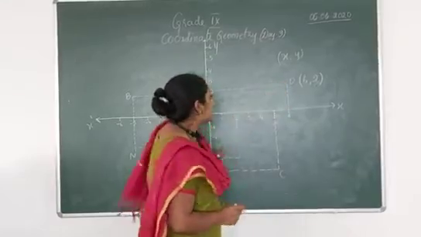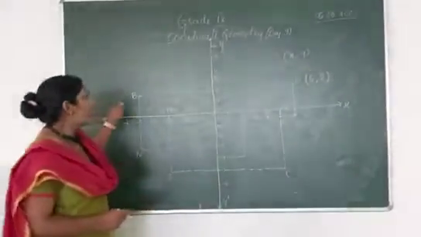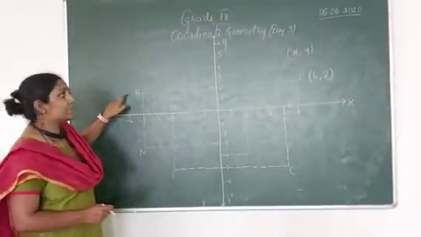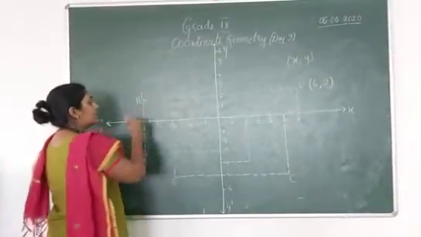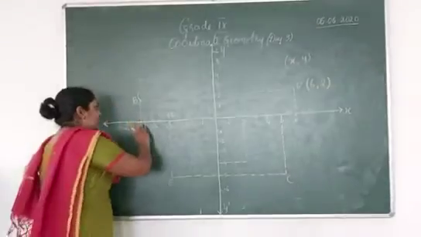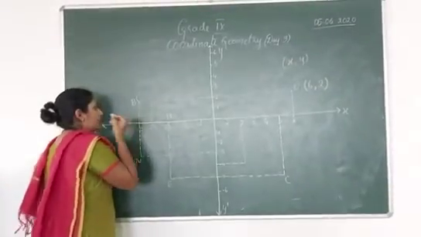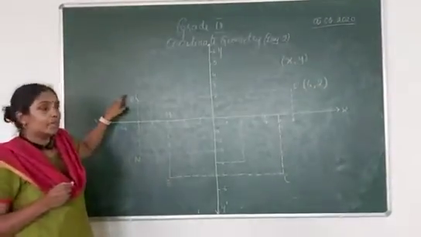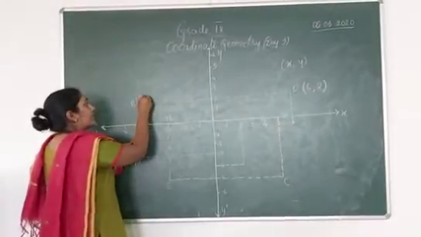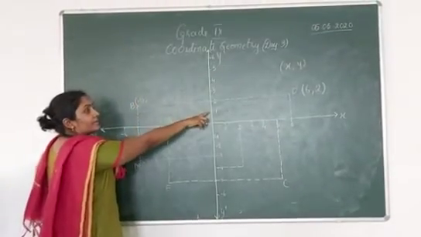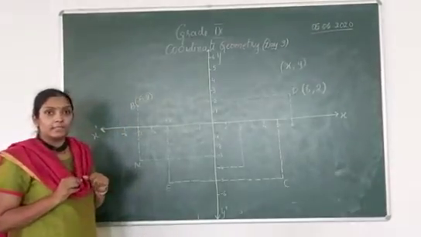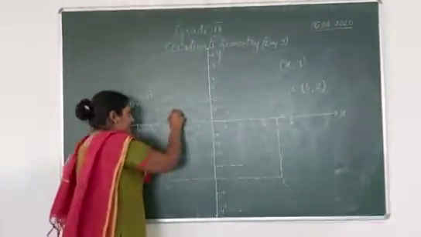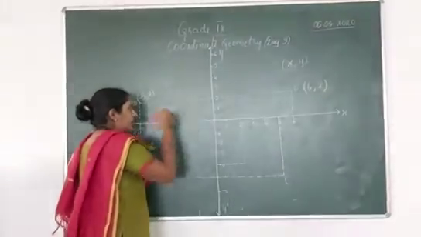Understood, right? Now let's figure out the coordinates of point B, which is in the second quadrant. What is the x value corresponding to the point B? It is minus 5, and the y value is 2.